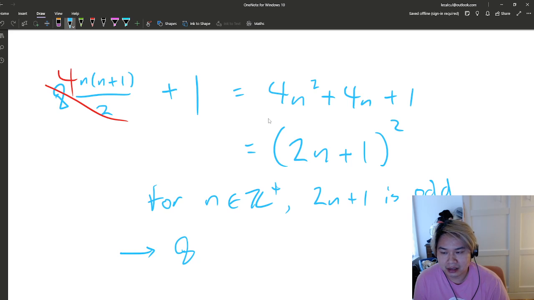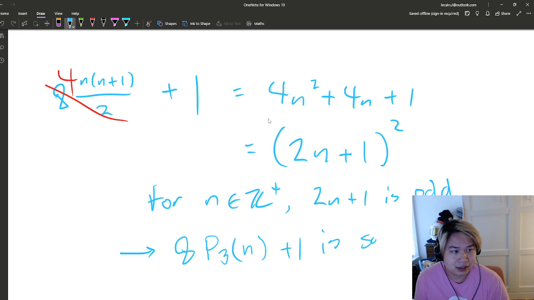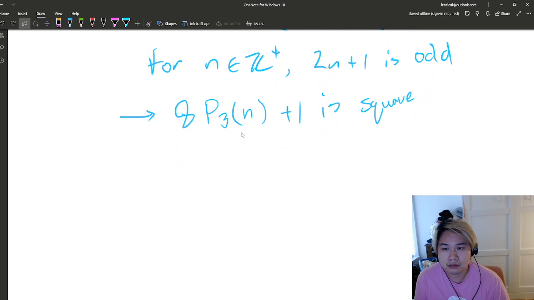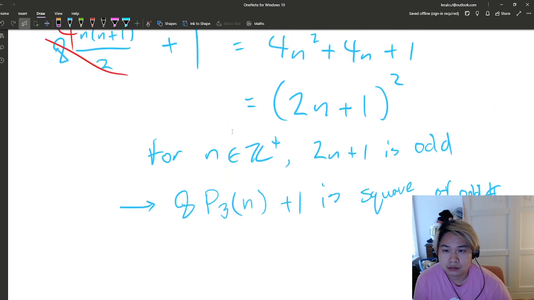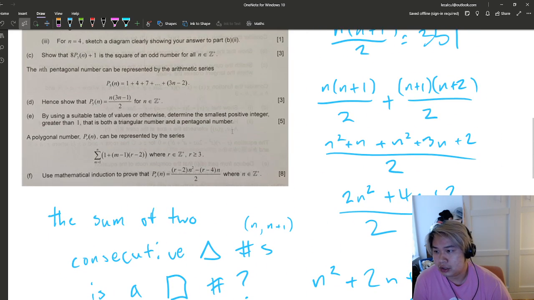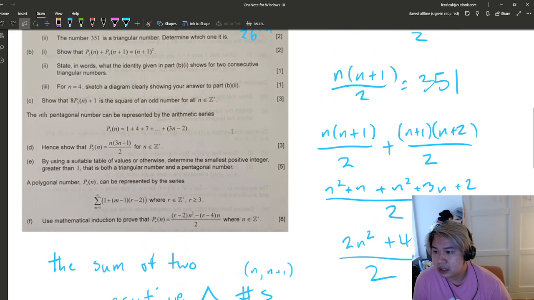That basically means that 8 P3 of n plus 1 is literally the square of an odd number. Okay, cool. We've related triangular numbers to square numbers.